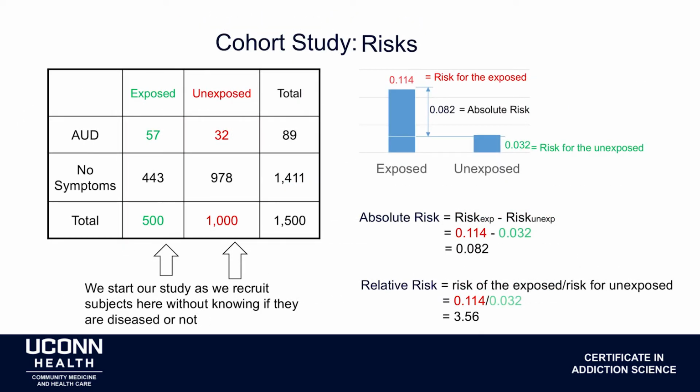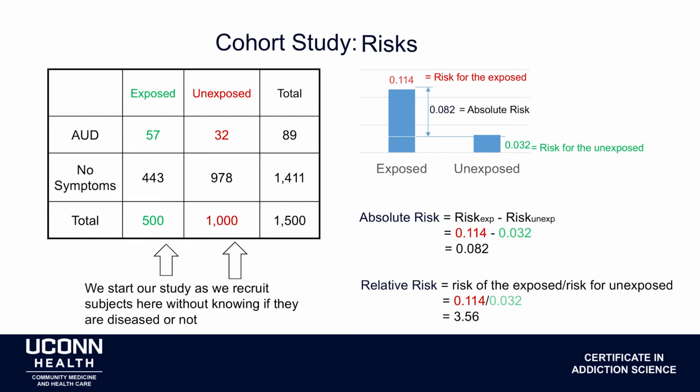Now I'm going to introduce what relative risk is. In previous slides, we have the exposed and unexposed. So we generate the risk for the exposed, which is 0.114, and the risk of the unexposed, 32 over 1,000, is 0.032.